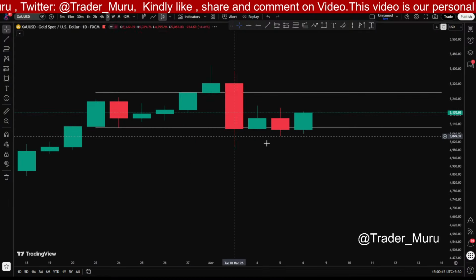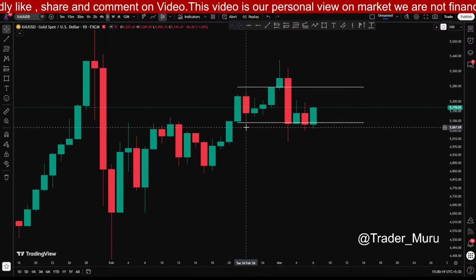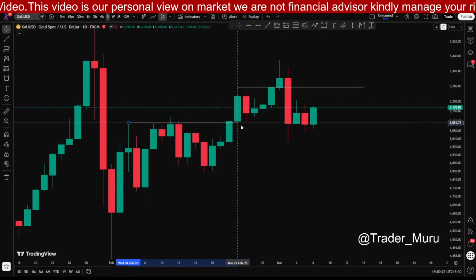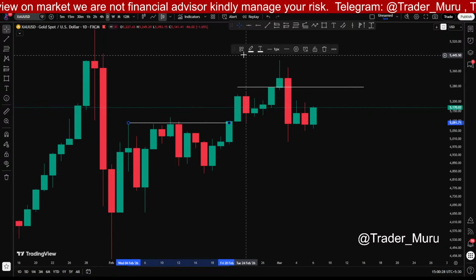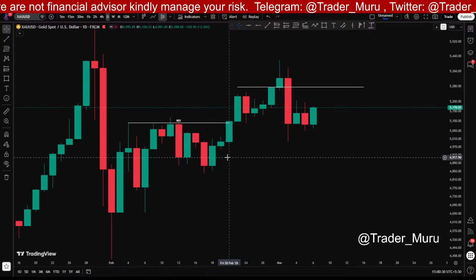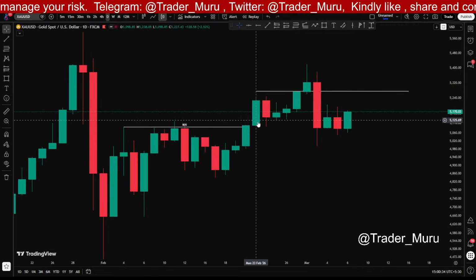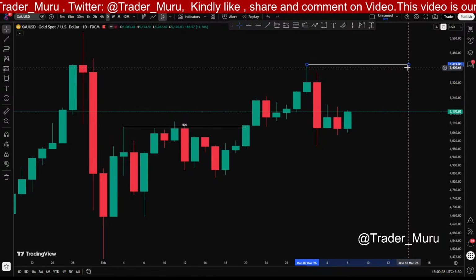Now let's see the daily time frame. In the daily time frame, our last breakout structure is this one here. After that we don't have any significant retracement, and this is the recent swing high.